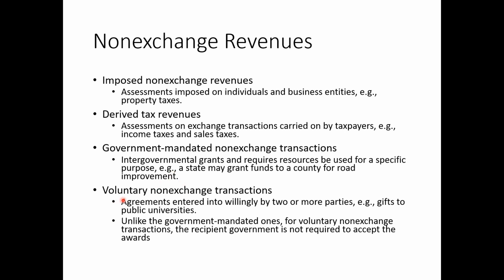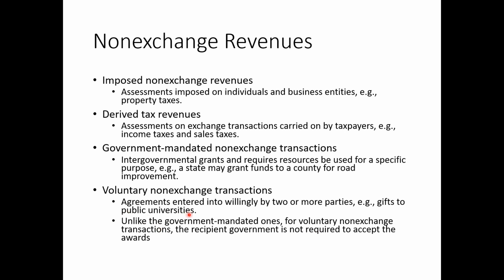We also have voluntary non-exchange transactions. These are agreements entered into willingly by two or more parties, very similar to a grant. For example, gifts to public universities. Unlike the mandated grant, for voluntary non-exchange transactions, the receiving government is not required to accept the award.